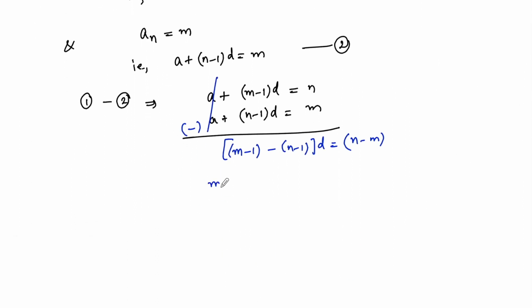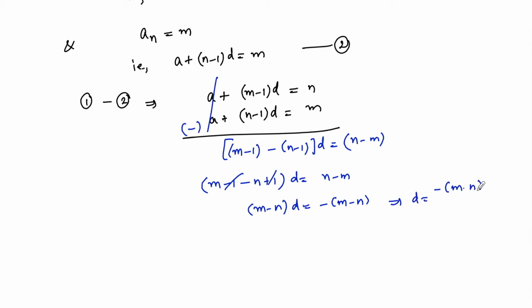On simplifying, m minus 1 minus n plus 1 times d is equal to n minus m. So here minus 1 plus 1 gets cancelled. So m minus n times d is equal to minus of m minus n, or we can write d is equal to minus of m minus n upon m minus n. So the common difference is minus 1.